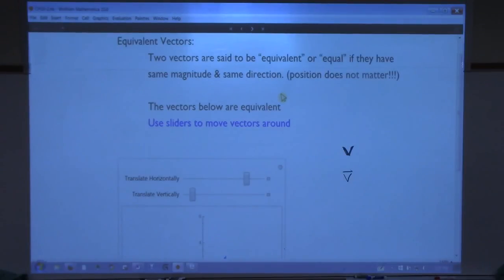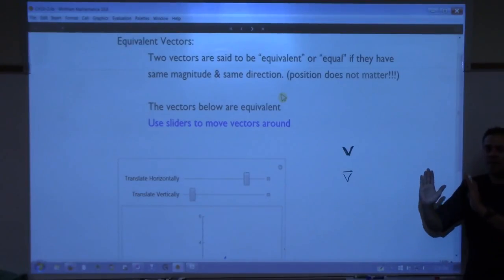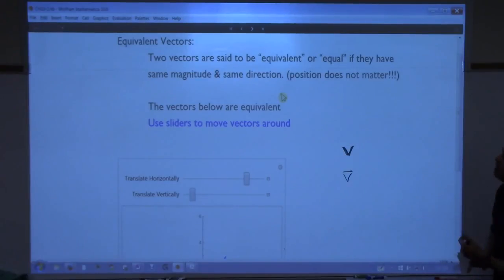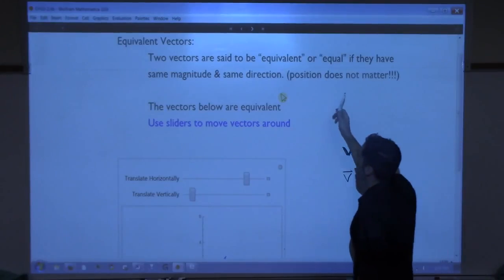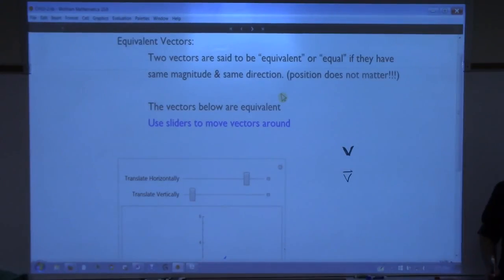Two vectors are said to be equivalent or equal. If we're going to compare two vectors and ask, are they the same, the only thing that matters is that they have the same magnitude and the same direction. Position does not matter.